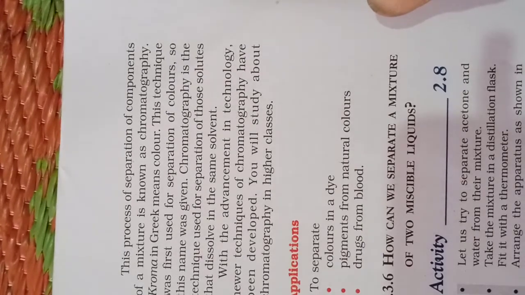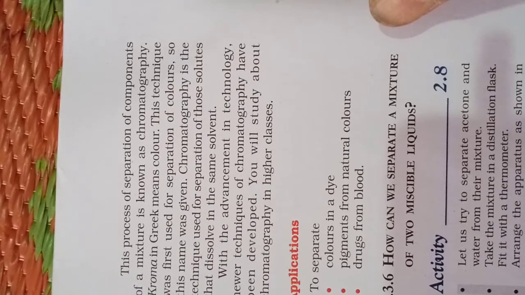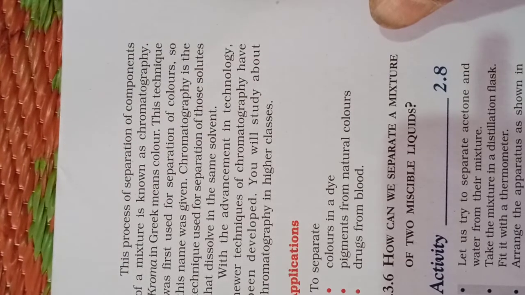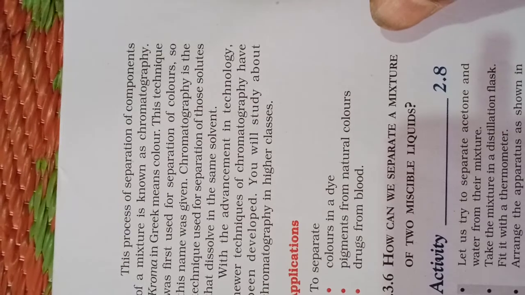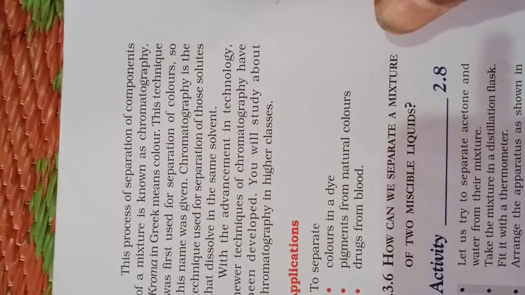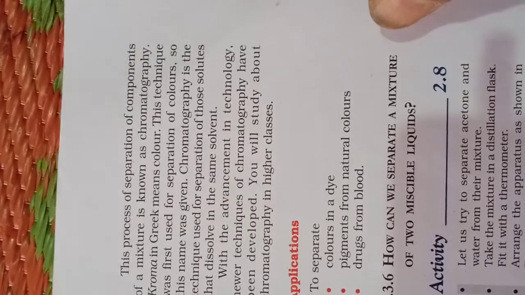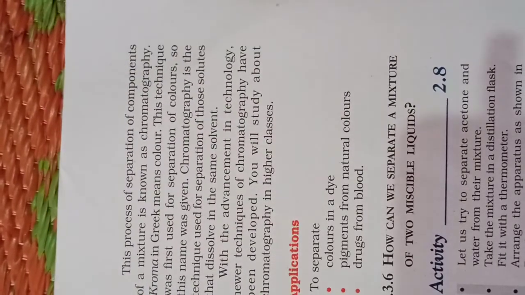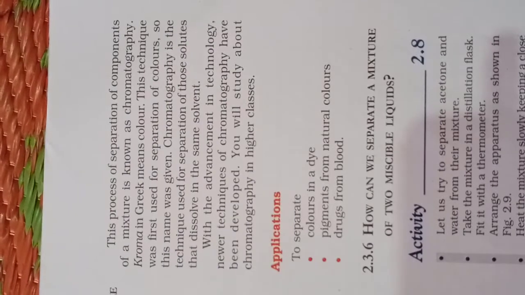So what does chromatography mean? Chromatography is the technique used for separation of colored materials. Colored materials can be removed from the mixture by using chromatography techniques. If in chromatography you use paper, we call it paper chromatography.